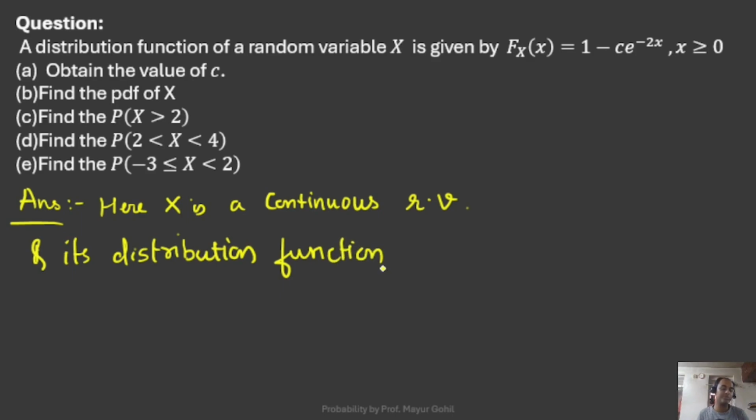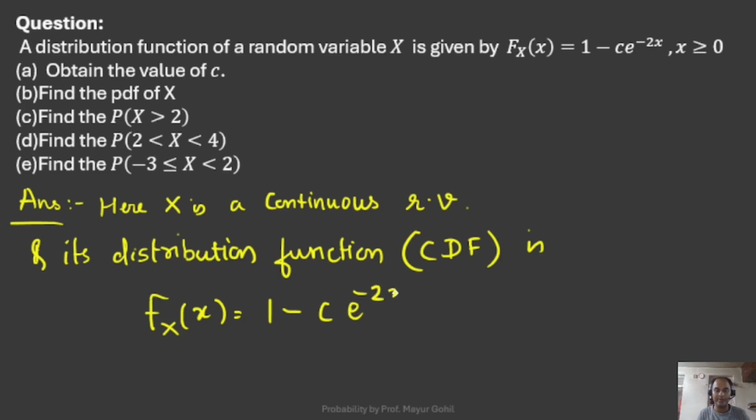Now this distribution function is the CDF. Please remember it is the cumulative distribution function, or cumulative density function if you want to call it: F of x equals 1 minus c e raised to minus 2x, where x is greater than or equal to 0.